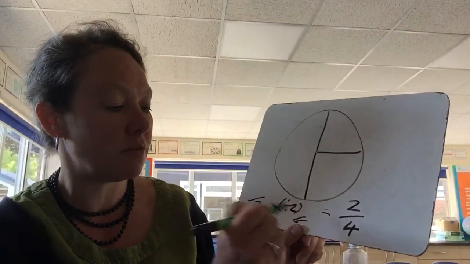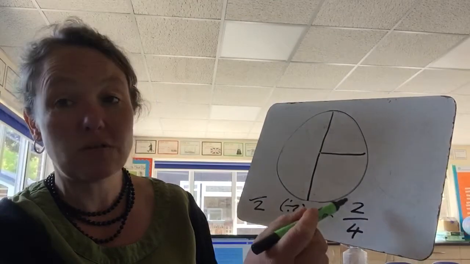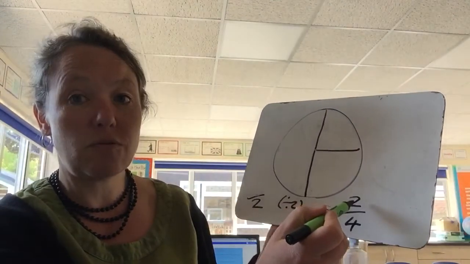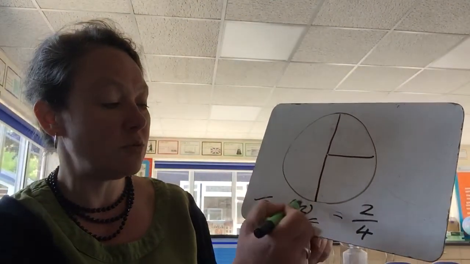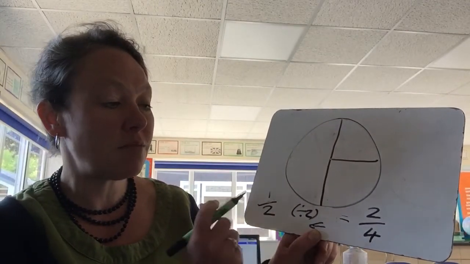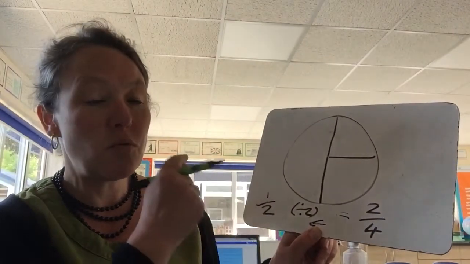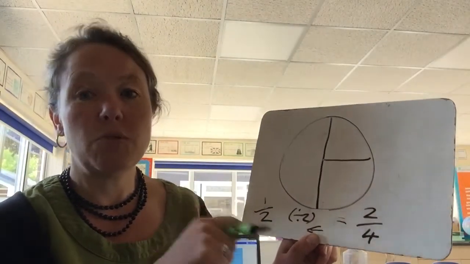So if I've divided 4 by 2 to get 2, then I'm going to do exactly the same to our numerator, our top number. 2 divided by 2 equals 1. Okay, so it doesn't matter if you're going that way or if you're coming back this way. Whatever you do to the top number, you must do to the bottom number. And that is the key to doing equivalent fractions.